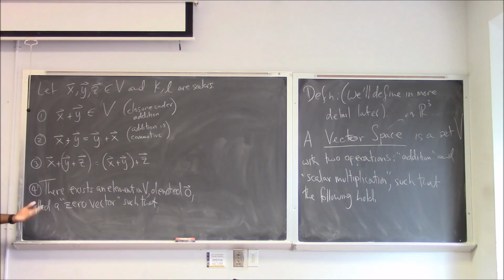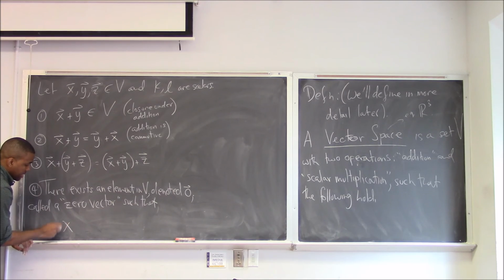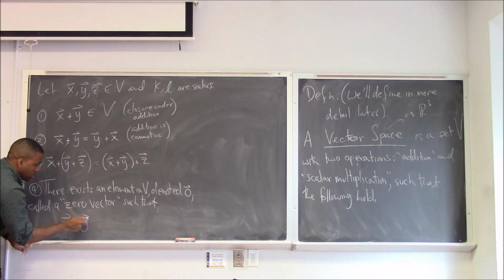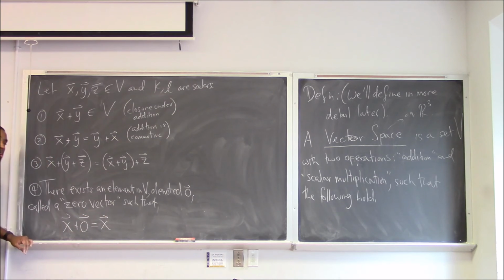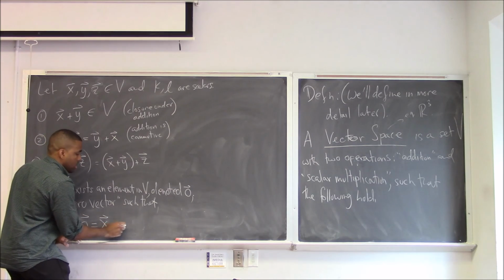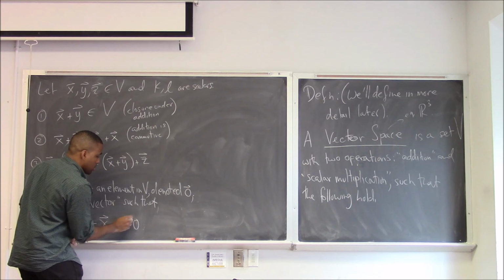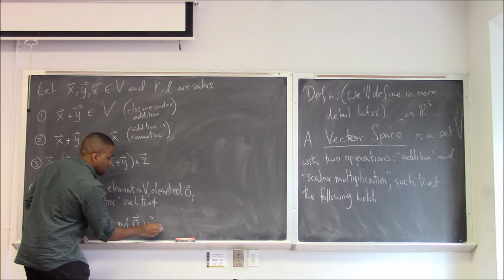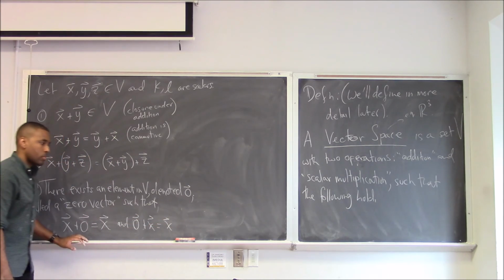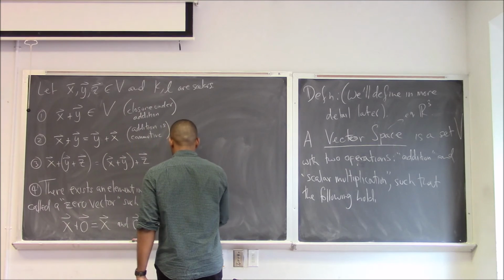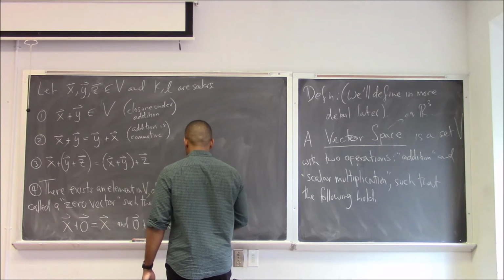But this is what defines the 0 vector. It means that if I take x plus 0, it gives me x. And obviously if I take 0 plus x, it gives me x, for all x in V.